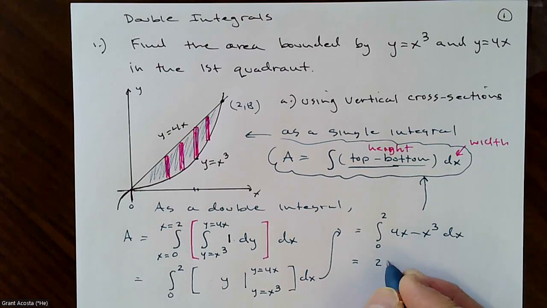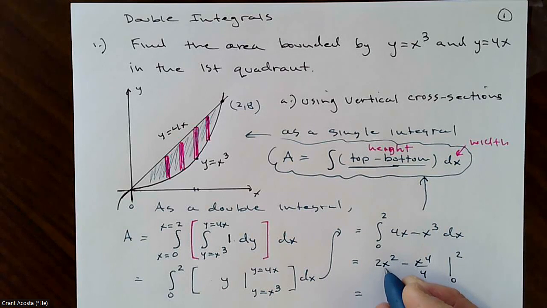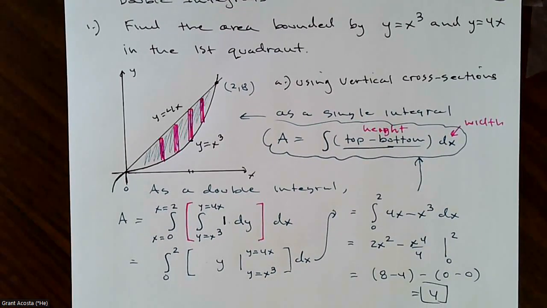So that's going to integrate to 2x squared minus x to the 4th over 4. So 8 minus 4. And of course, if you plug in 0, it's 0 minus 0. So it looks like my final answer is 4 for my area.